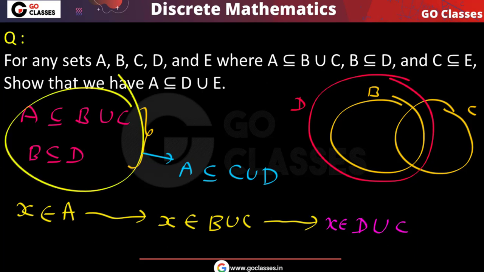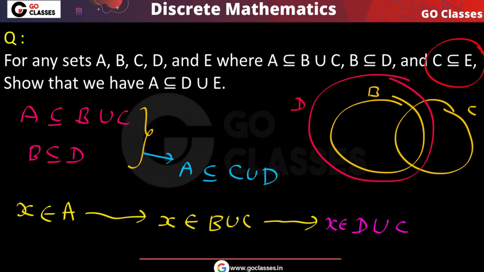From these two, I can say that A is a subset of C union D, and C itself is a subset of E.